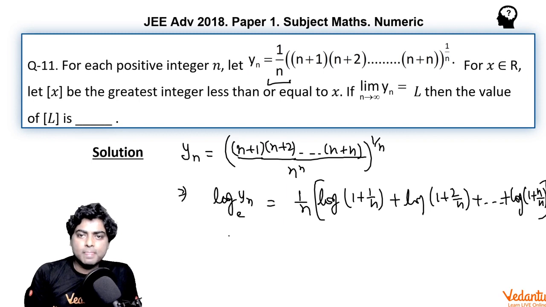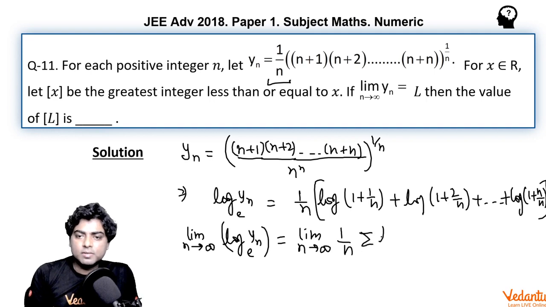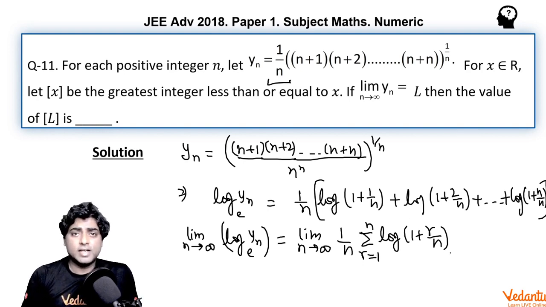Now apply the limit as n tends to infinity. Limit of log of yn to the base e equals limit n tending to infinity of 1 by n sigma log of 1 plus r by n, r ranging from 1 to n. Now we know from the concept of definite integration as a limit of a sum that we can convert it into an integration.